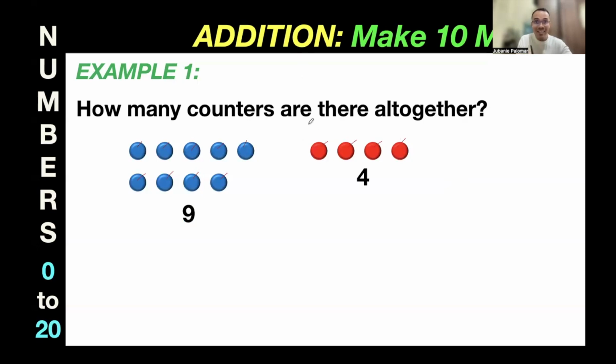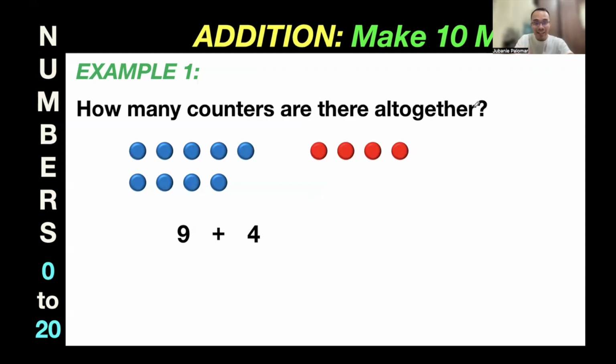The question is asking the number of counters all together, which means we are going to put 9 and 4 together. So we're going to have 9 plus 4, and that is equal to our answer.